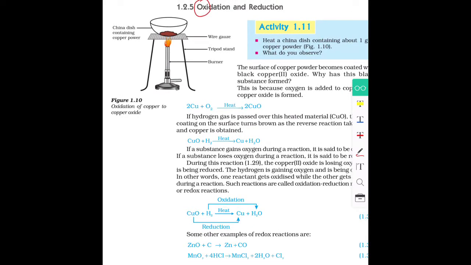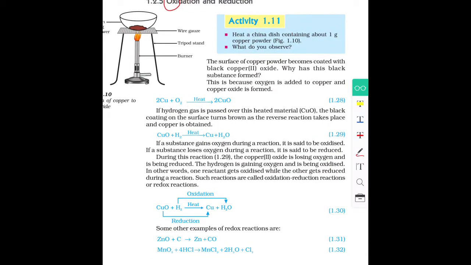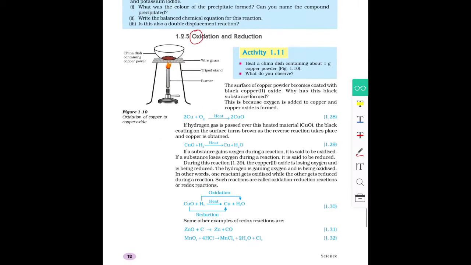So Cu plus O2 on heating gives CuO. If hydrogen gas is passed over this heated CuO, the black coating on the surface turns brown as the reverse reaction takes place and copper is obtained. CuO plus H2 on heating gives Cu plus H2O.